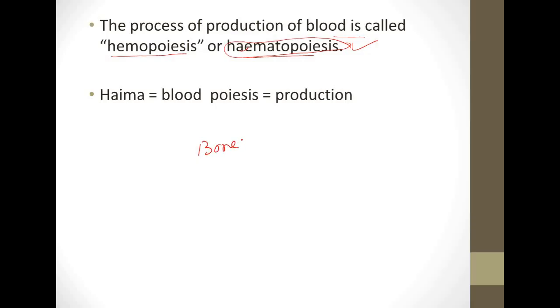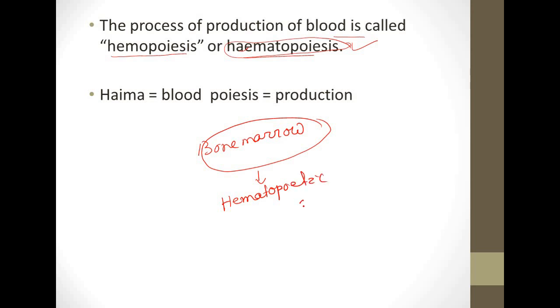Okay, bone marrow is the common site for blood production, and the cells are formed from hematopoietic stem cells. This is a pluripotent stem cell which forms RBC, WBC and platelets. Hema means blood, poiesis means production.